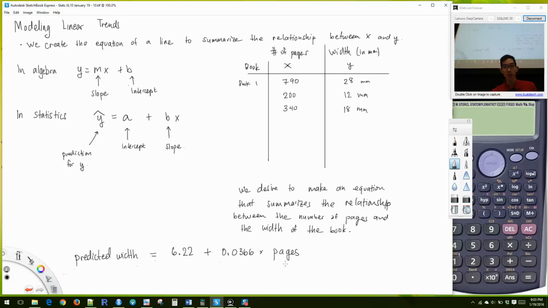Okay, and so this is the output, or this is what the book provides for us as an equation that summarizes the relationship between the number of pages in a book and its predicted width. Okay, and so we'll take a look at this in further detail to see how this works.